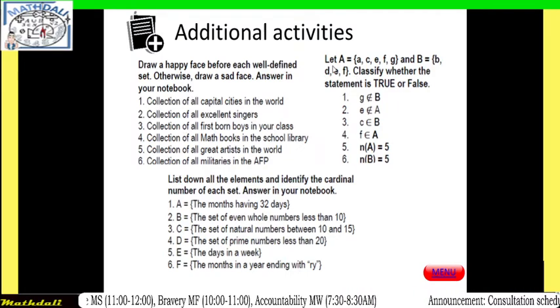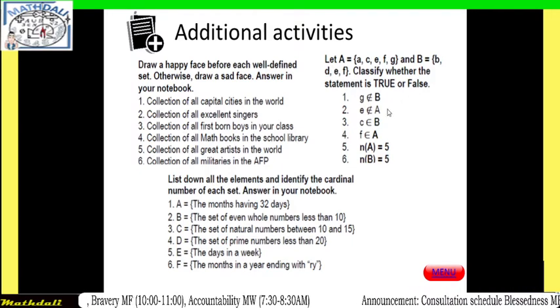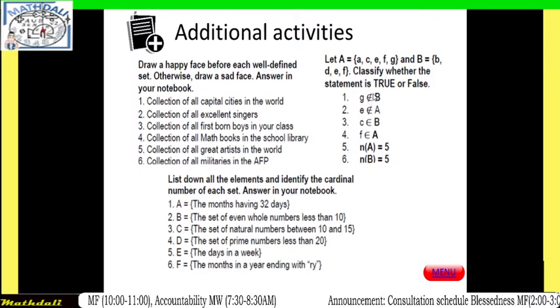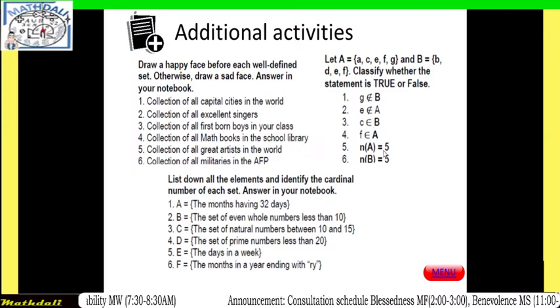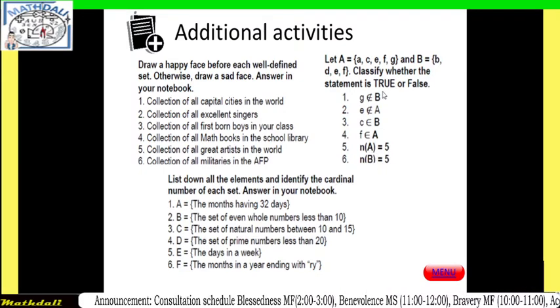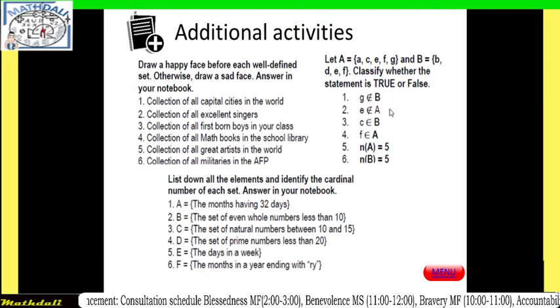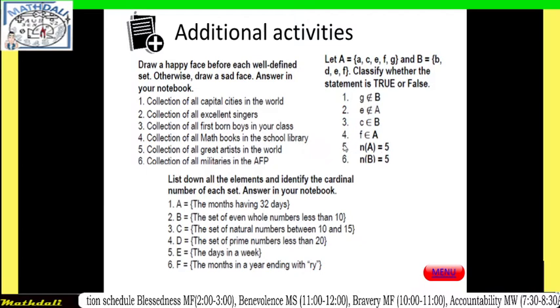Okay, next we have this activity: classify whether the statement is true. Considering this symbol, this is our symbol for not an element. This is element. Then we have the cardinal number. If the cardinal number of A is 5 and the cardinal number of B is 5, write true if the statement is true, and false if the statement is false.